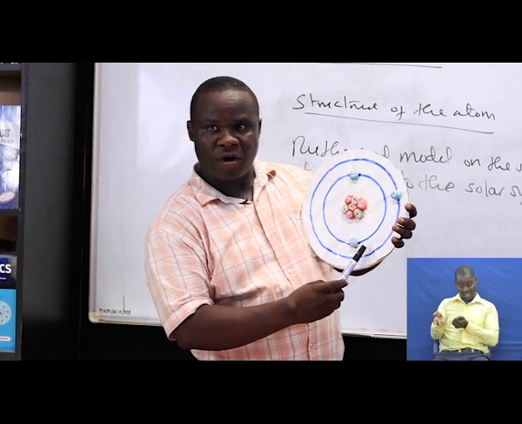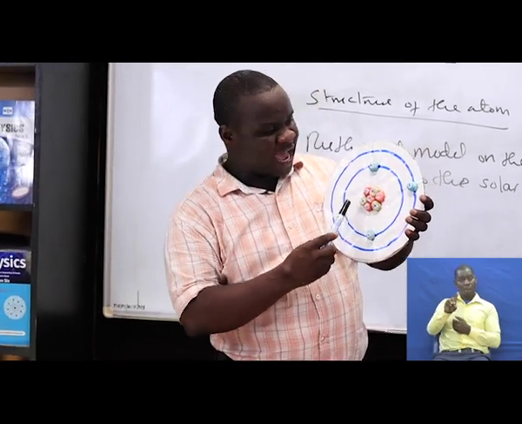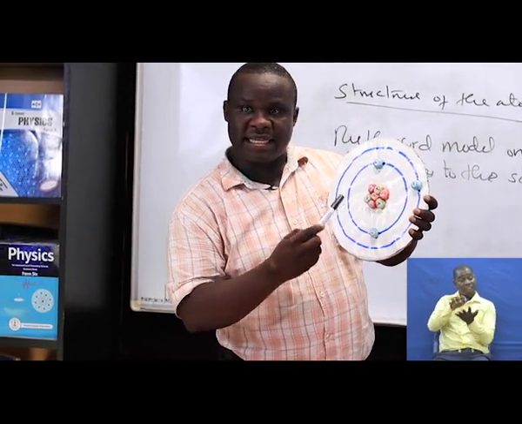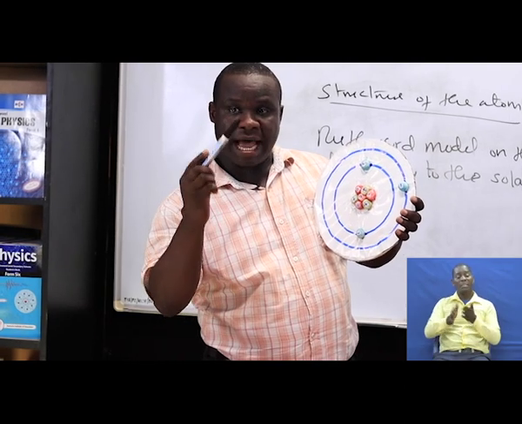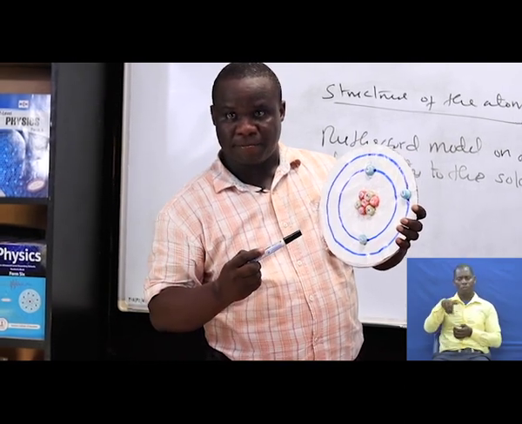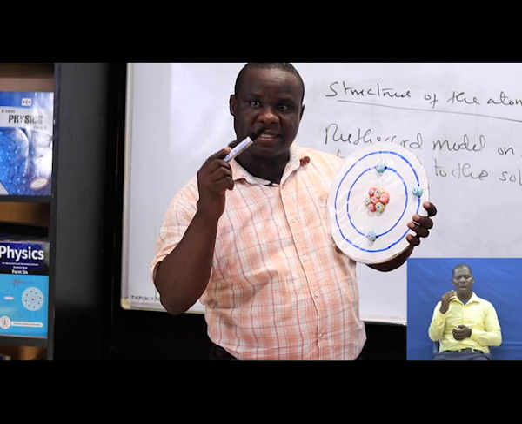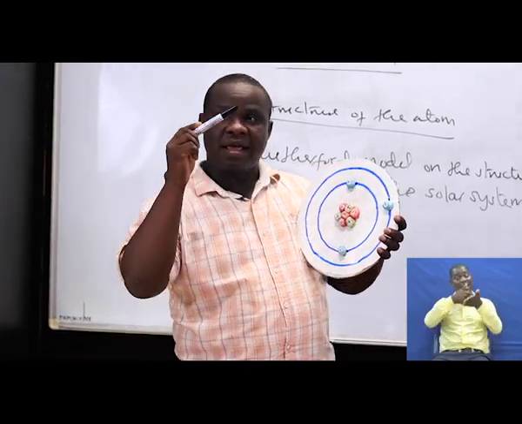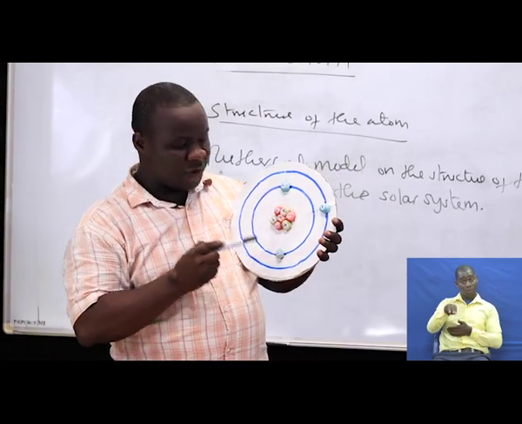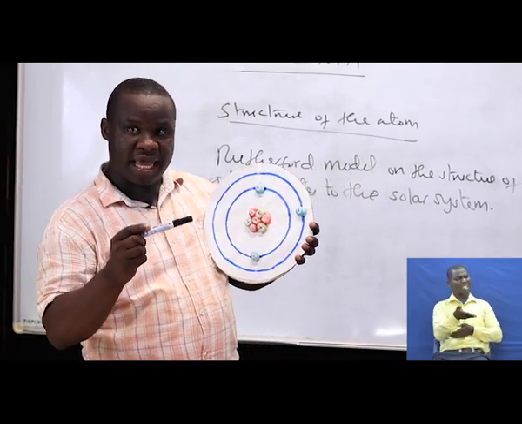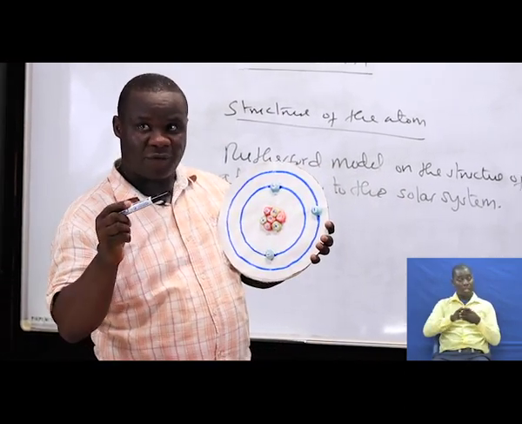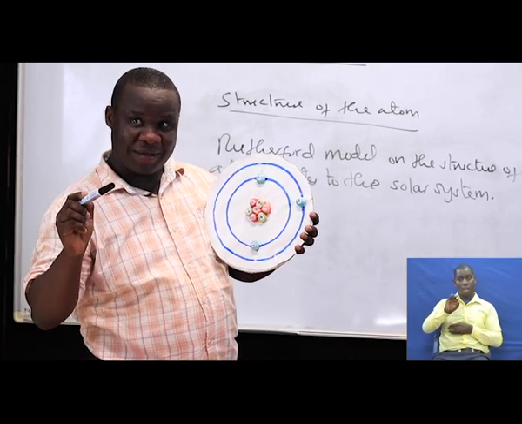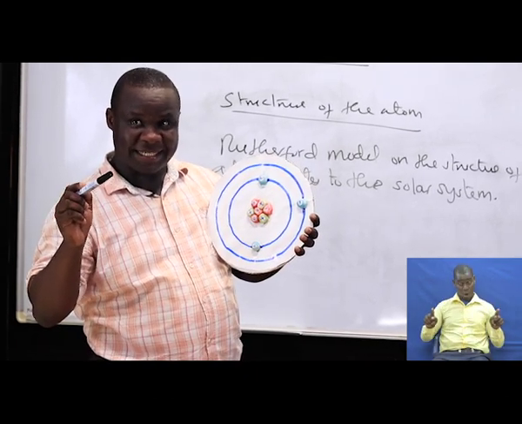From our model, to identify the kind of element, we just need to know the number of protons. The number of protons tells us the name of that atom. After knowing it, we use the periodic table, the one we studied in chemistry.